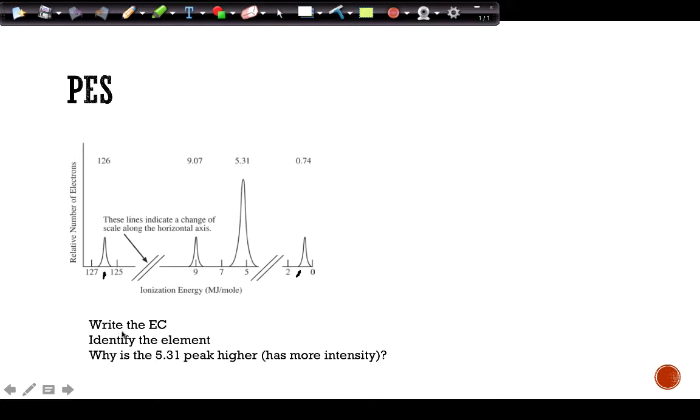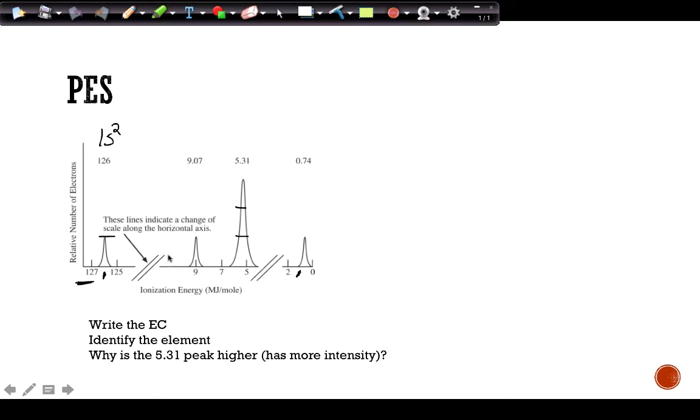Okay, so let's write out the electron configuration. Basically, you're just going to read from the beginning. So from the highest energy level, we should have the electrons that are the closest to the nucleus, and we just read. So we have 1s, that would be the first one. And if I'm looking at the scale right here, this should be 1s2. And if you look right here, this one is 3 times the height, so it should have 6 electrons.